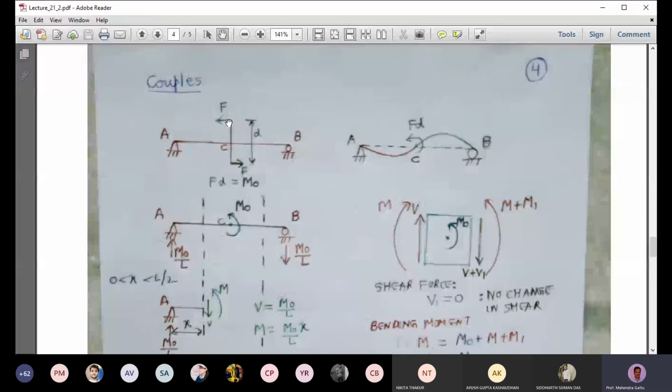So these forces are equal, opposite and parallel. These two will produce a net moment about point C. That net moment about point C is the couple. The value of that moment is Fd, and we denote that moment as M naught.